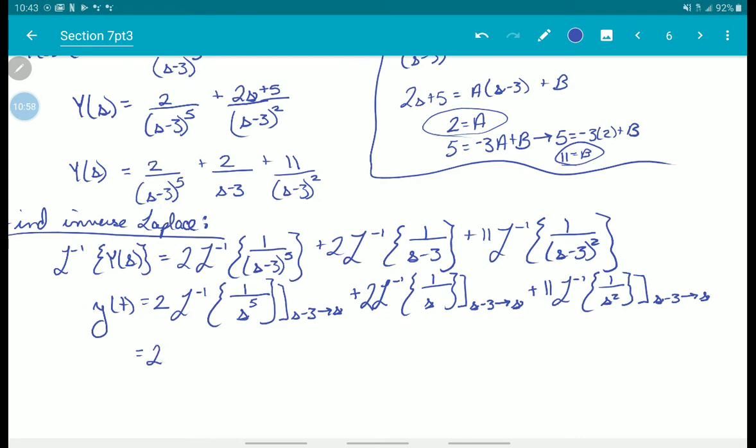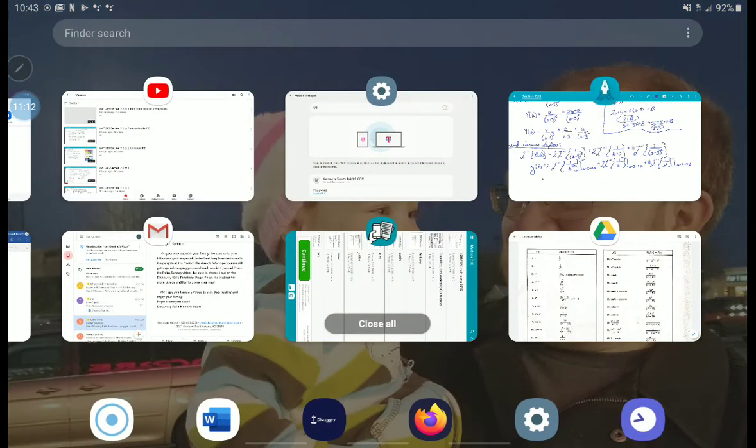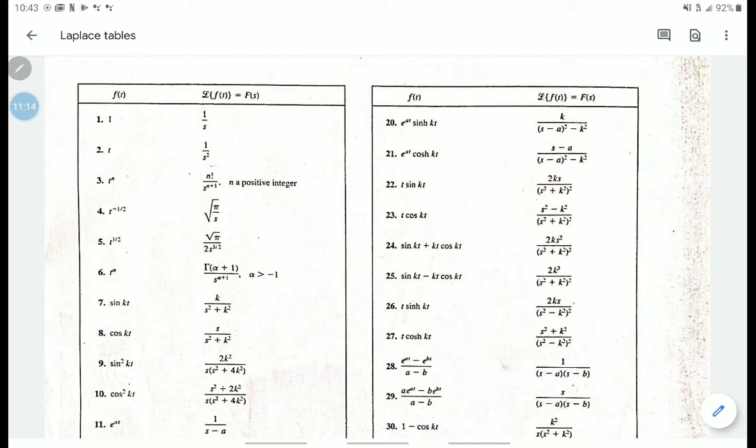So if we look at this first one, we want 1 over S to the 5th. So we could view that S to the 5th as S to the 4 plus 1. And if we look at our sheet over here, that's going to match up really closely with that number 3. We just got to figure out what our n is.